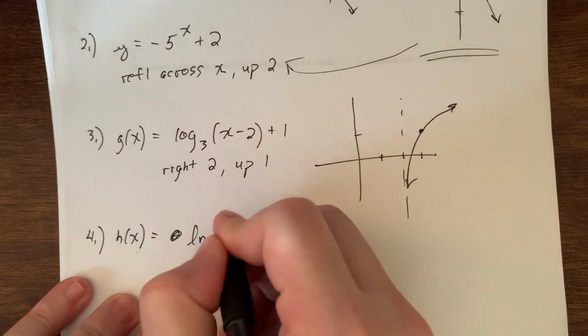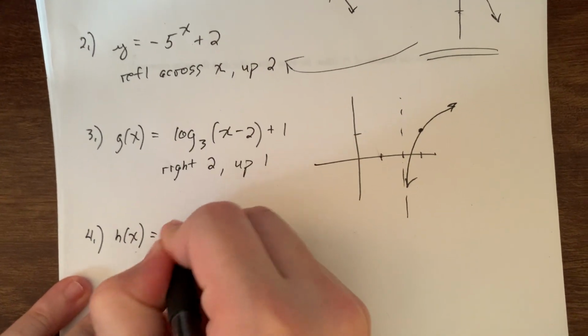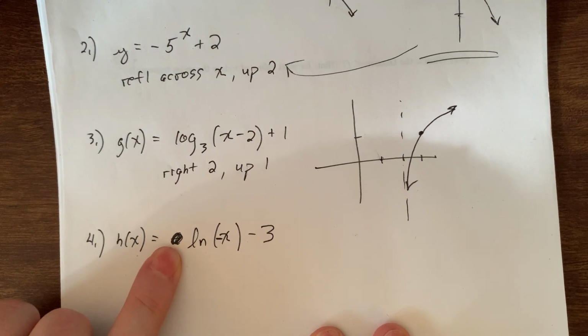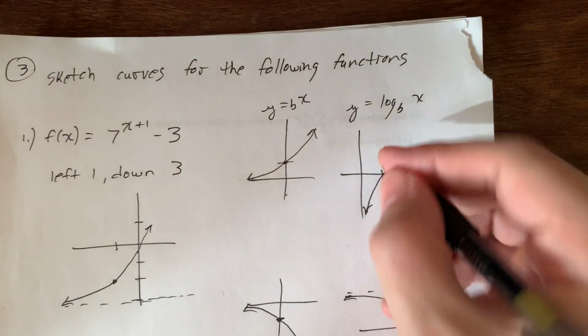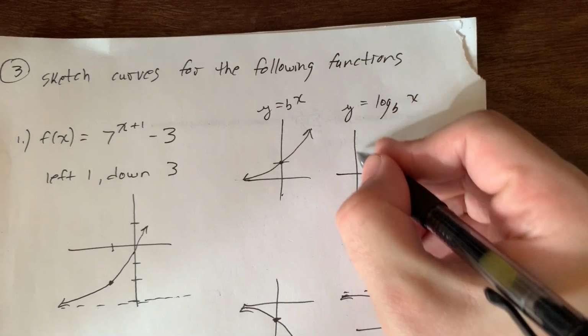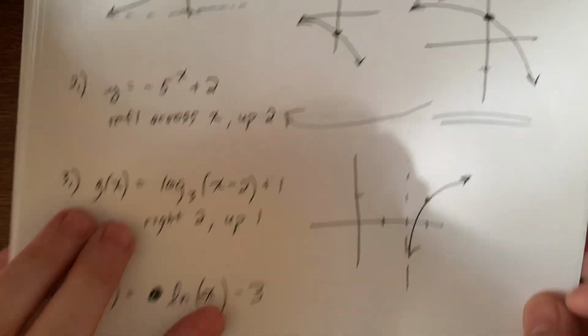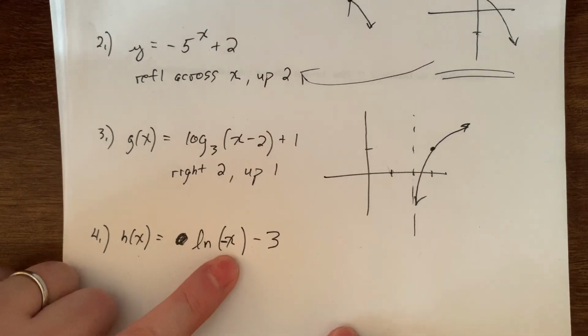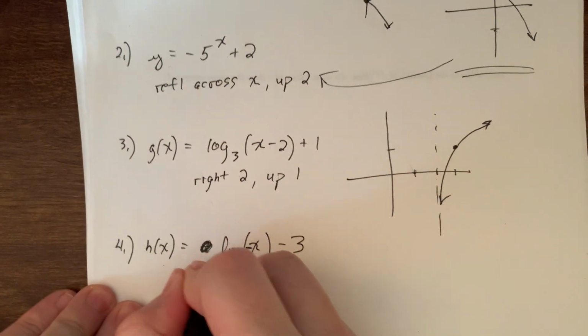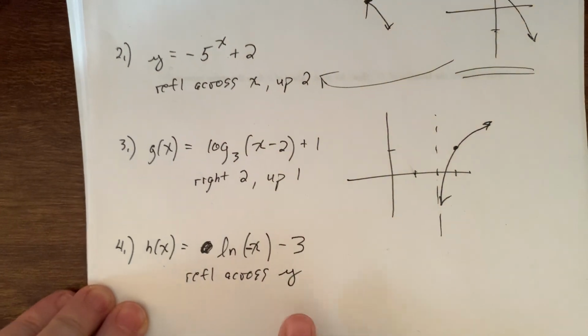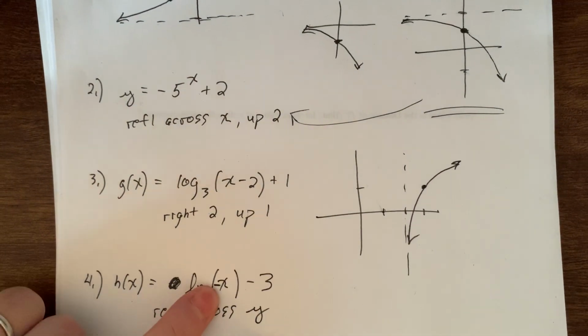I wanted this negative on the inside this time. Very sorry about that. If I left it the way it was, that would have been a reflection across the x-axis. So this would have become my base graph, and then I would have done any subsequent moves. But I wanted to do one where the negative is on the inside. So this will be a reflection across y. That covers that.